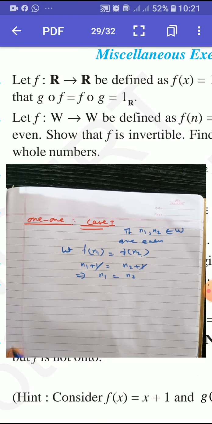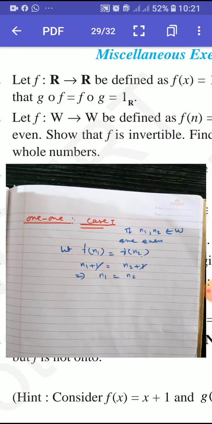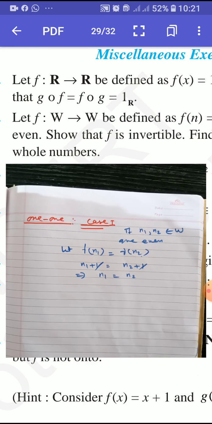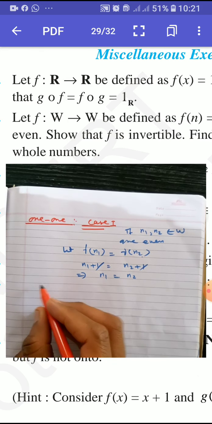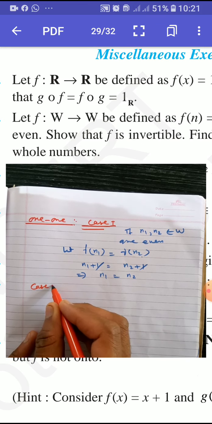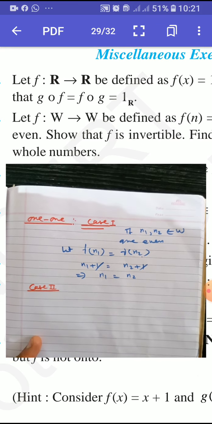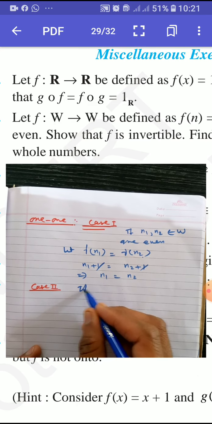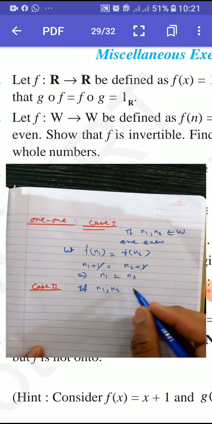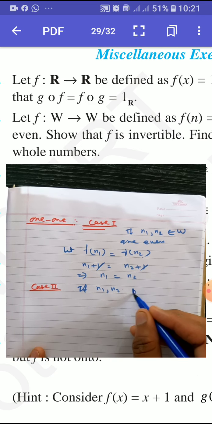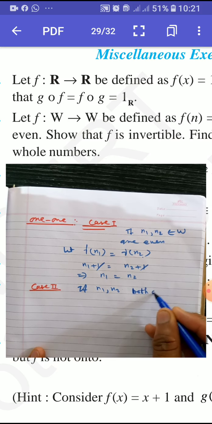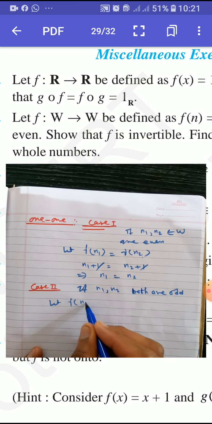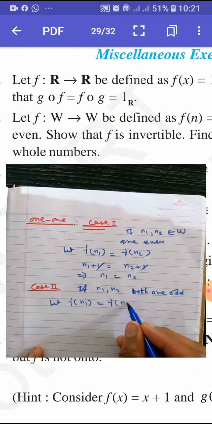Okay, case second. If n1, n2 are both odd, let f(n1) = f(n2).